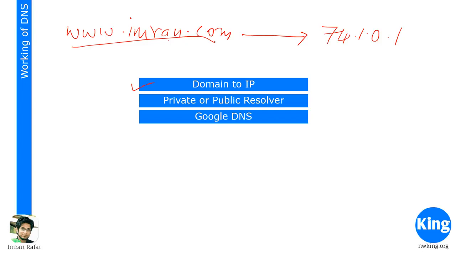So we can have two types. We can have private DNS servers, where, let's say we have hundreds of computers, and we want to have a local domain name.